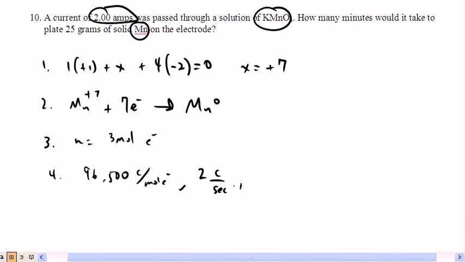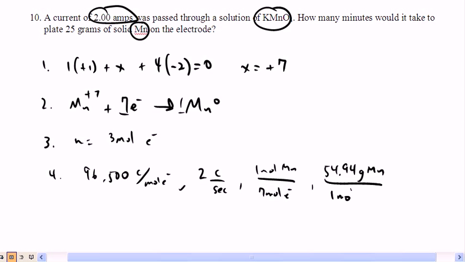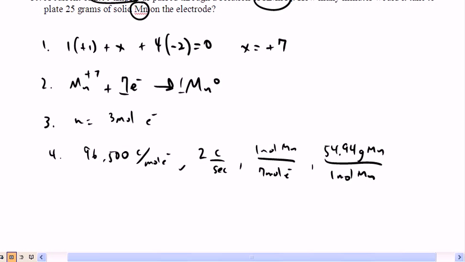We know that the mole ratio is 7 to 1. So for every 1 mole of Mn, 7 moles of electrons. And we know the molar mass of manganese is 54.94 grams of Mn per every 1 mole of Mn.